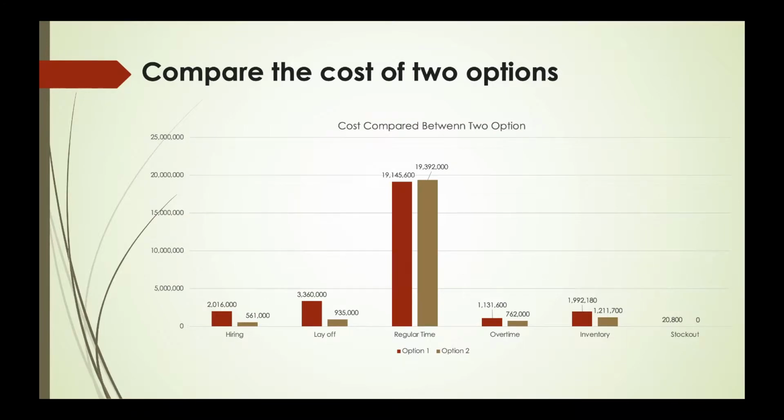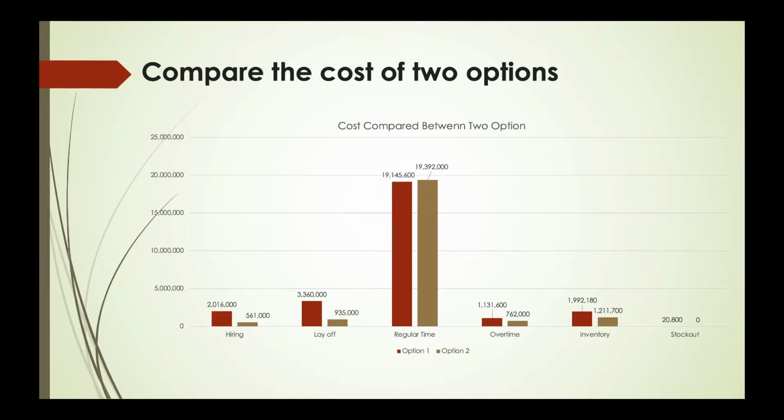After that, we compared the 6 costs of two options. Except for the regular time labor costs, the other 5 costs in second option are all lower than the first option. Reducing the cost of hiring and layoff means that the company's workforce is more stable. In a long-term stable workforce environment, labor costs per unit may decrease due to learning new skills and improving work experience.